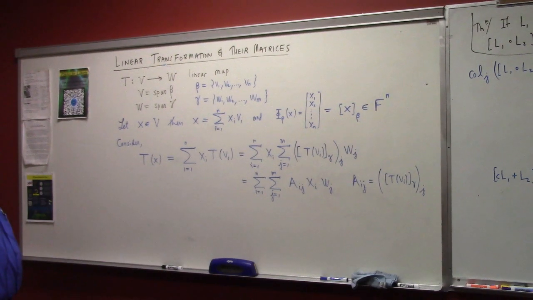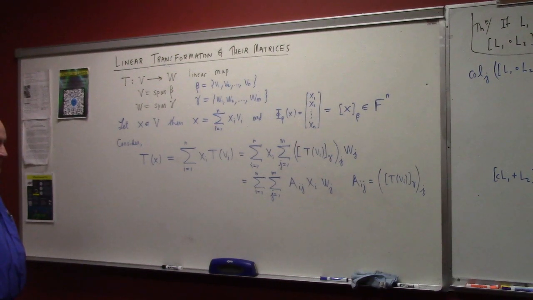I've just introduced a letter to make it more obvious what's going on here. So that A is obviously a matrix, and what are we looking at here?